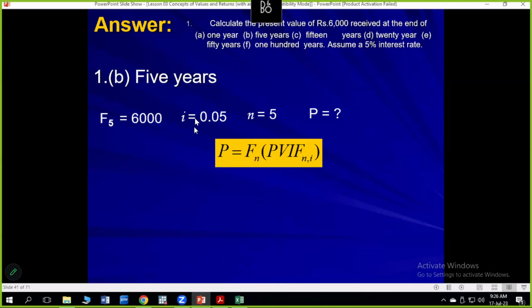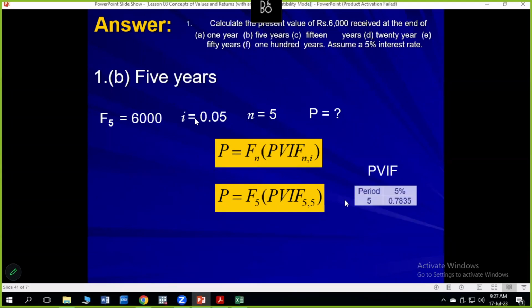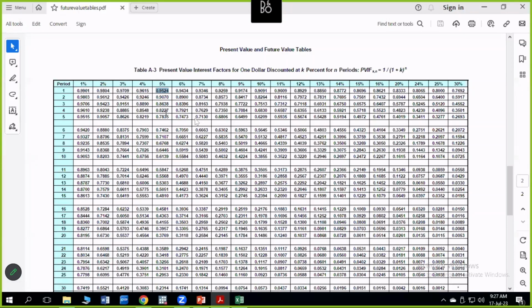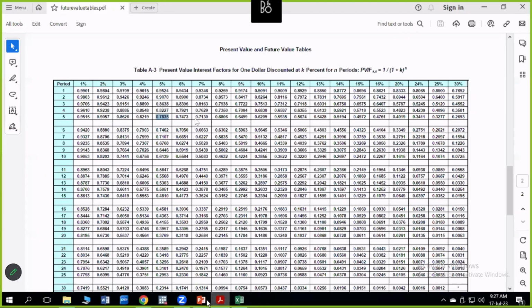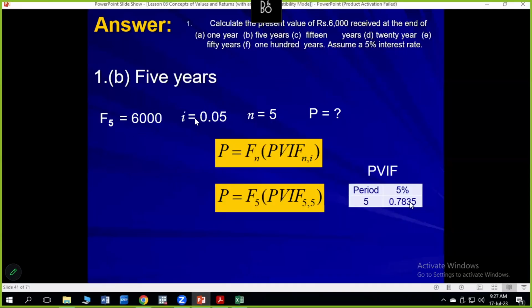If N is 5, then N is 5. Here also you can obtain the factor value from the table. That is for 5 years, 0.7835.